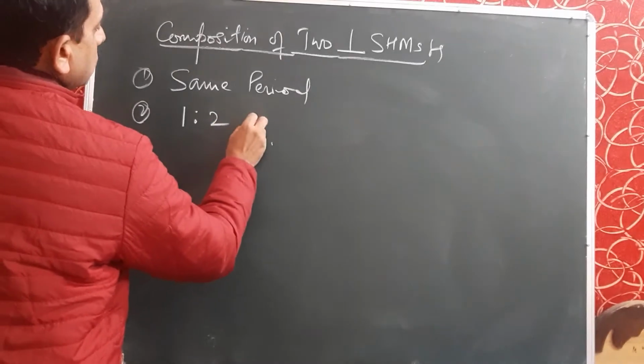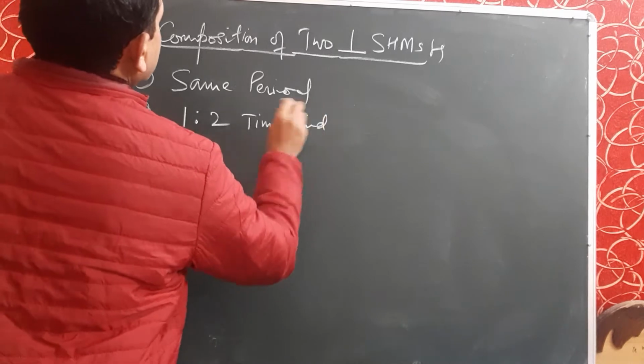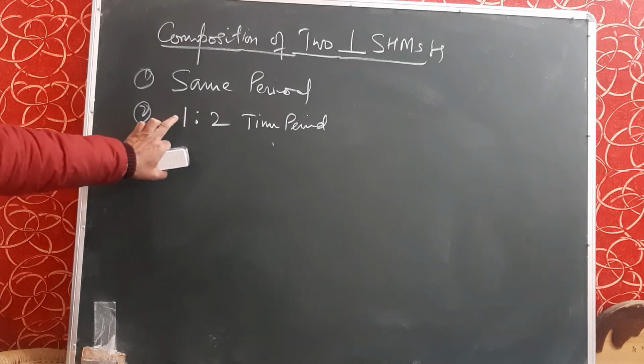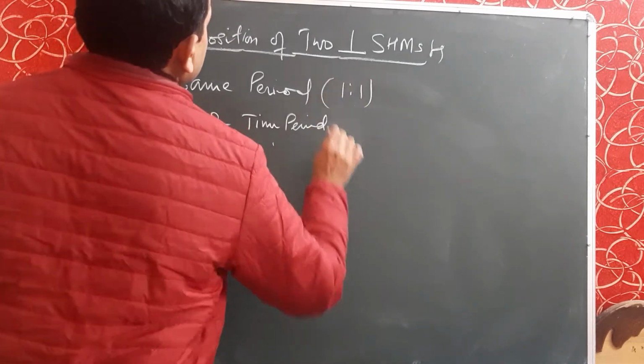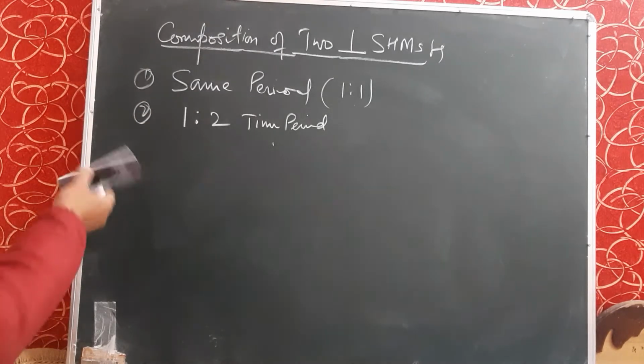In the first case, the time periods are same, both T and T, but in the second case, the time period is T for the first oscillator and 2T for the second oscillator. So, the ratio is 1:2, and in the first case the ratio is 1:1. So, we will study both articles.